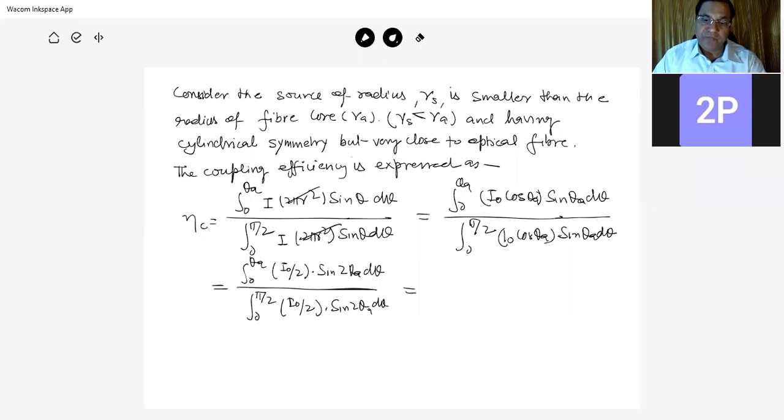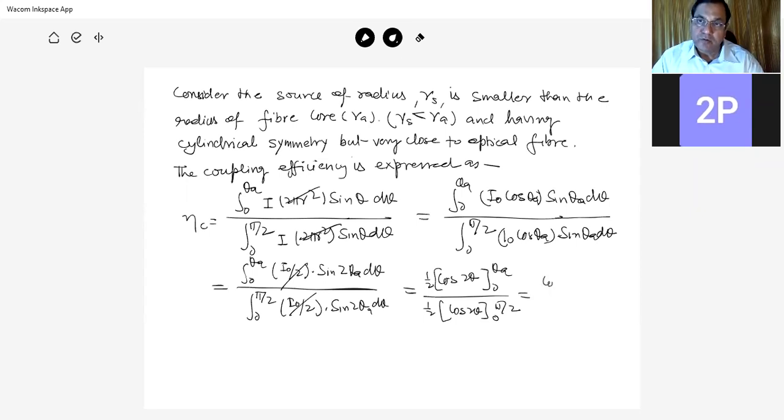So we have this cos 2 theta, 1 by 2 of 0 to theta A upon 1 by 2 cos 2 theta 0 to pi by 2. So this is cos 2 theta A minus 1 upon minus 1 minus 1.